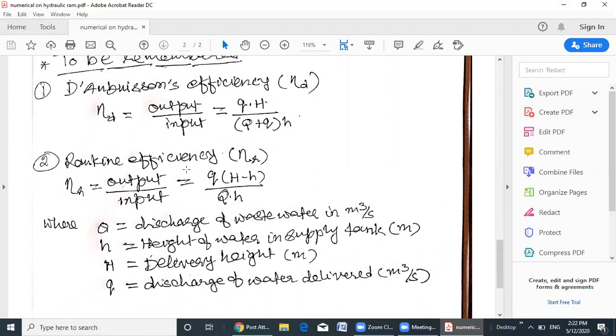Whereas in case of Rankine efficiency, it is also output upon input, but here output will be small q in bracket capital H minus small h over capital Q into h.